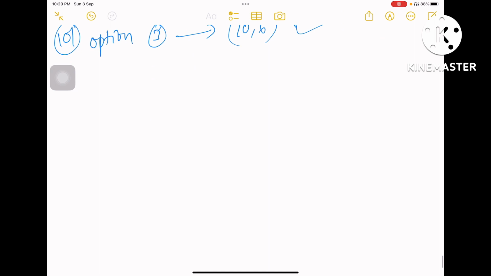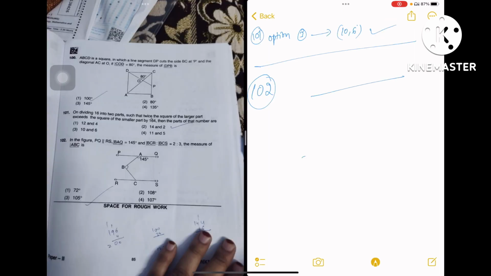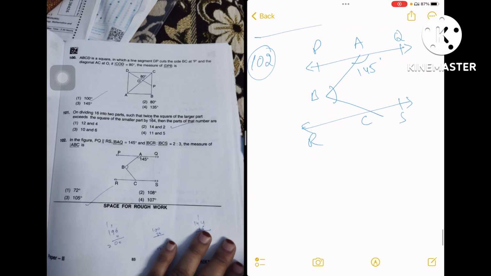Okay, let's move on to A, P, Q, B, sorry, angle B here. This is 145 degrees. C, S, R. Now some things are given here.